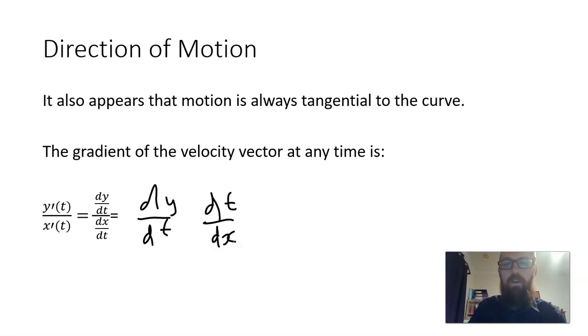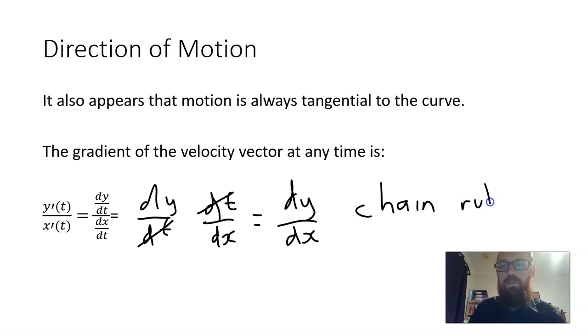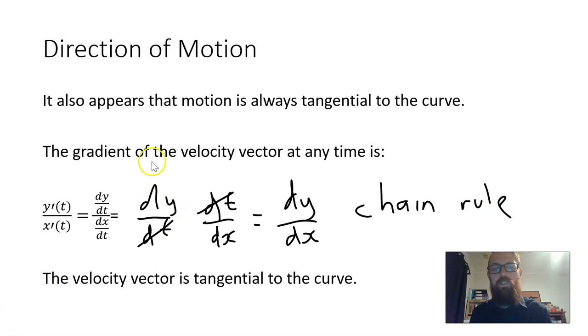Now by the chain rule, we can cancel these out and we're left with dy by dx. So basically what this shows is we were looking at the gradient of the velocity vector, and we found it was the same as dy by dx, so the velocity vector is tangential to the curve, which is what we guessed, but this is a quick little proof to show that.